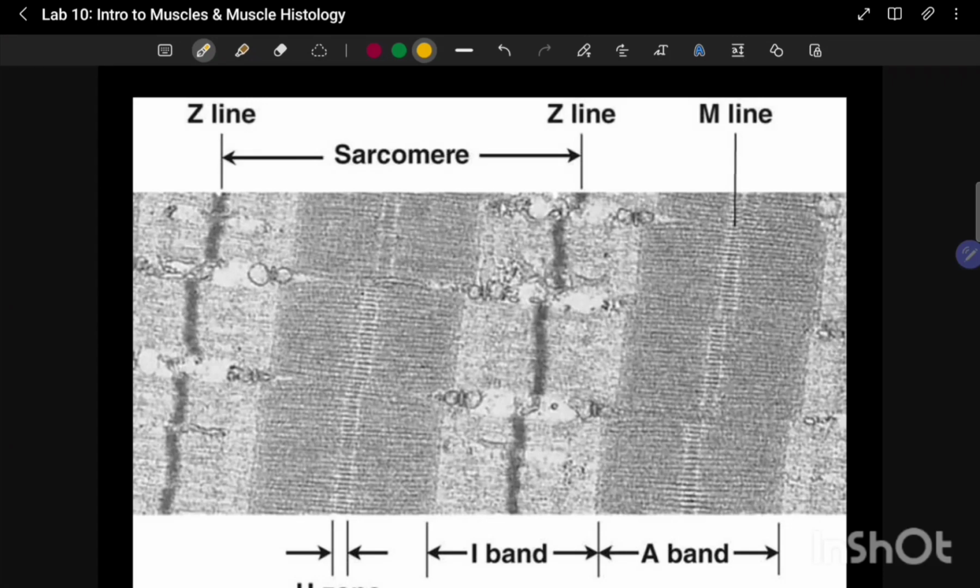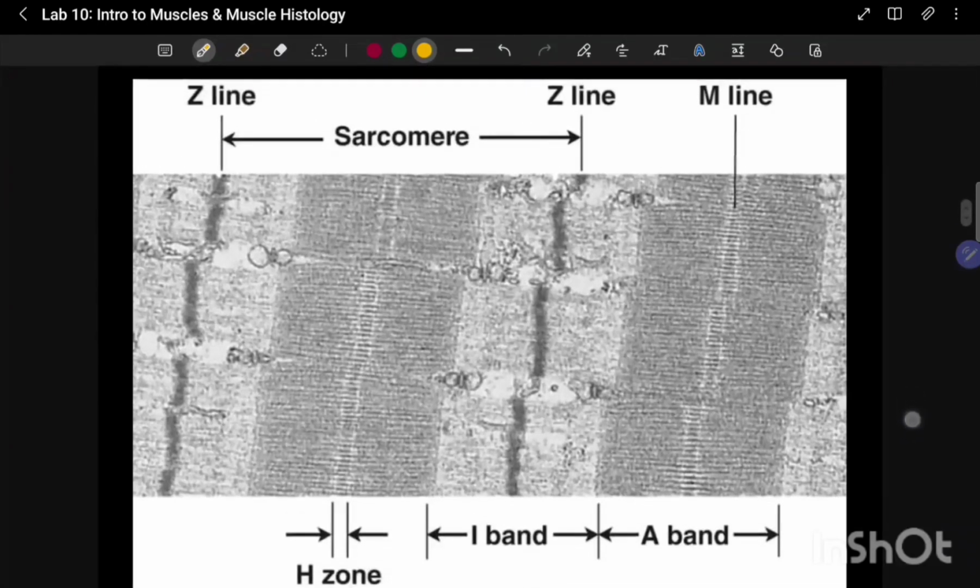So we have here different zones or bands and different lines. And so part of this is based on how the tissue stains, and part of this is based on what the tissue we see here is made of. So to start with the easiest one to identify, that'll be the sarcomere here. From Z line to Z line is one sarcomere.